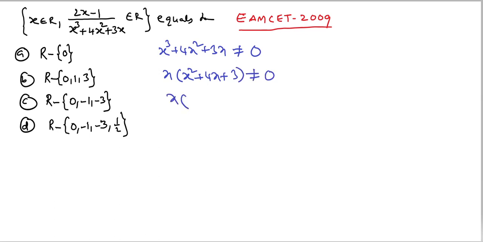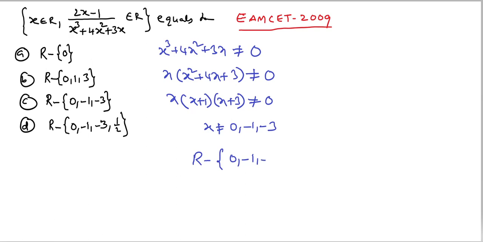So x into factors for this is x plus 1 into x plus 3 not equal to 0, x not equal to 0 comma minus 1 comma minus 3, domain is R minus 0 comma minus 1 comma minus 3. Third option is correct answer.